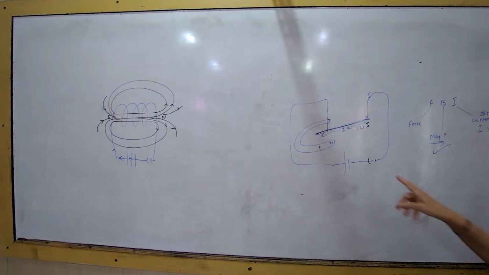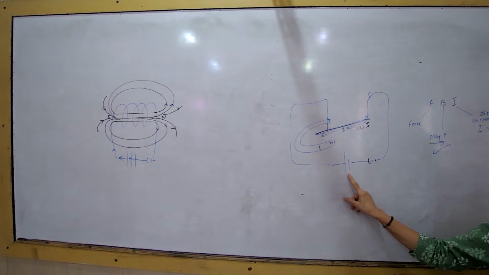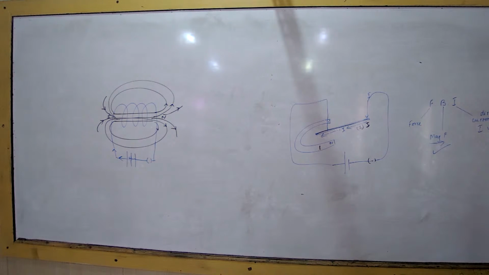First point, increasing the strength of the current. Second point, by using a strong horseshoe magnet, or by increasing the strength of the magnetic field of the horseshoe magnet.